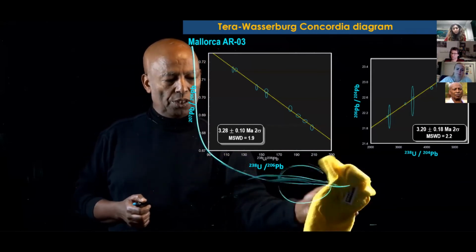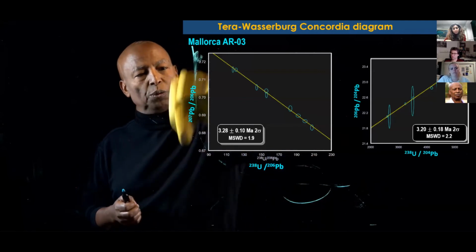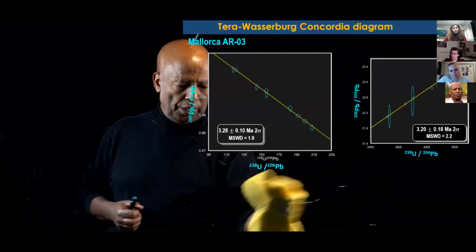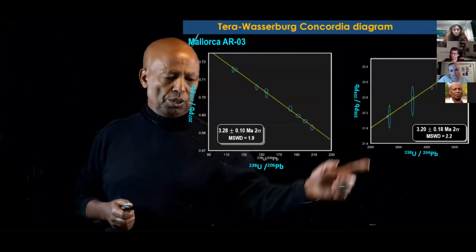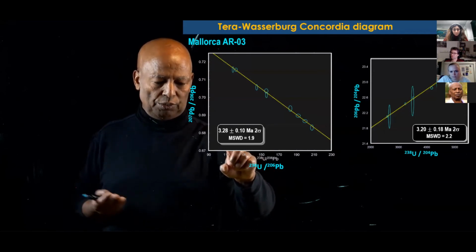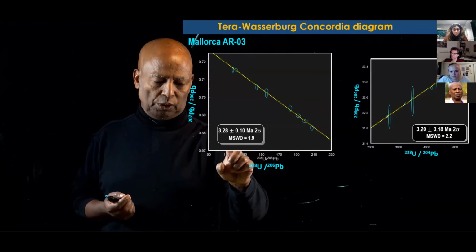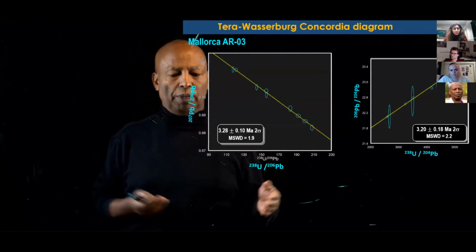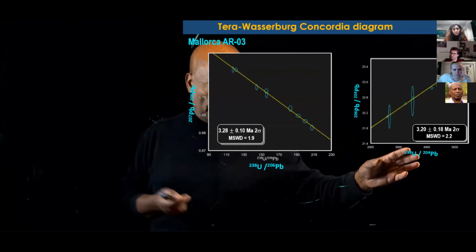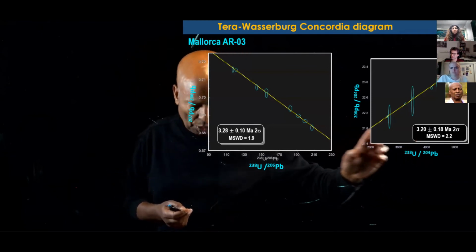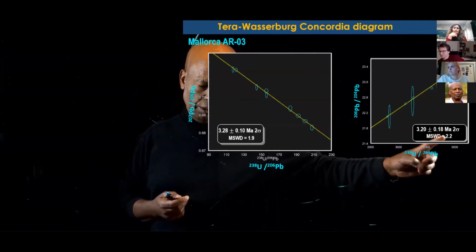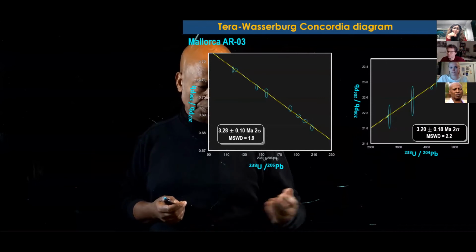As you can see, I'm also showing you the standard isochron for the 238 to 206 system for comparison. And you get a very good age of 3.28 million, plus or minus 100,000 years. With the standard isochron, the 206 to 238, you also get 328 versus 320, but the errors are a little larger again.